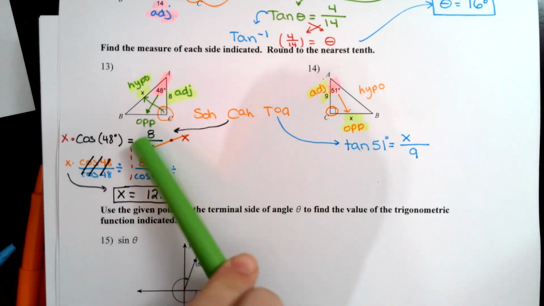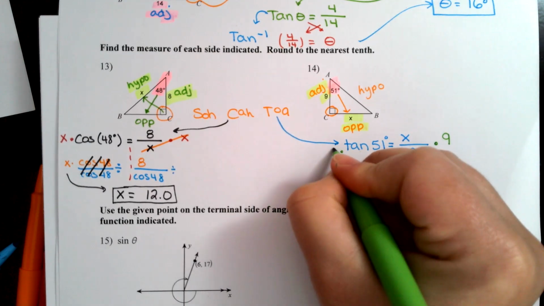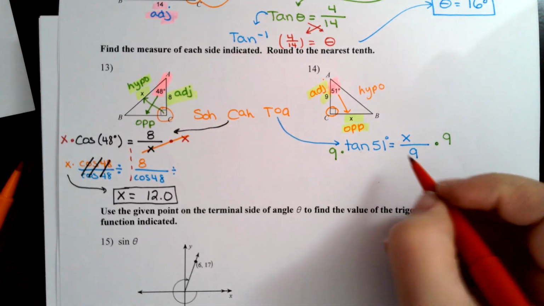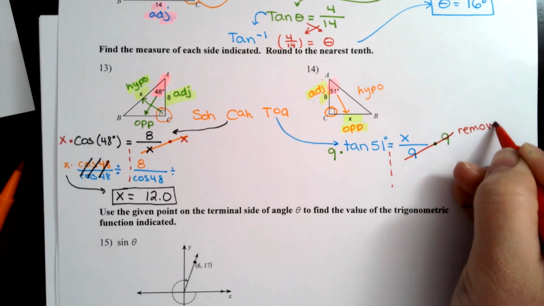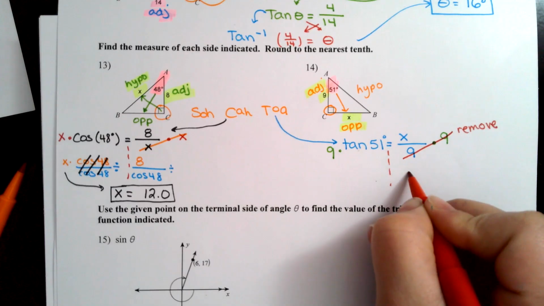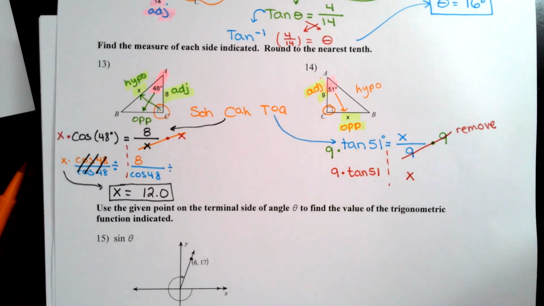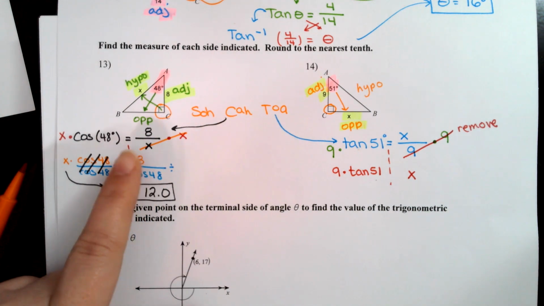And just like we did here, we're going to start by removing that denominator by multiplying by 9 on both sides. Unlike the other question, we're kind of done after that. Remove on one side, multiply on the other one. So we have x is equal to 9 times tangent of 51, and you're ready to type that in. When you had an unknown in the denominator, that part was a little bit different.